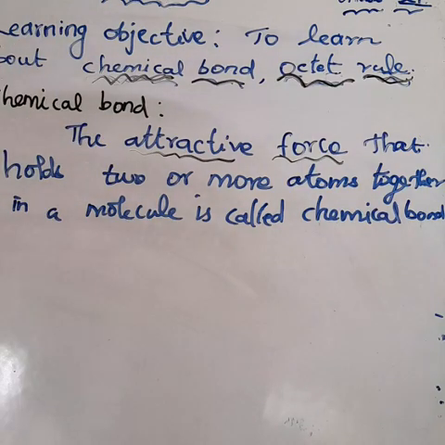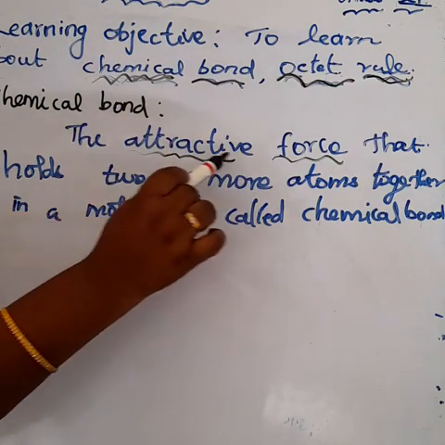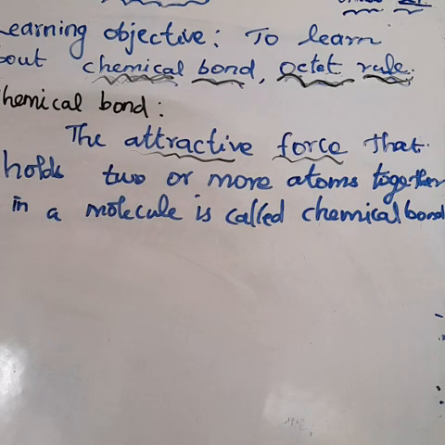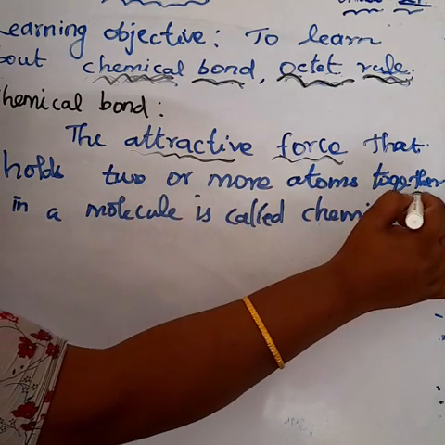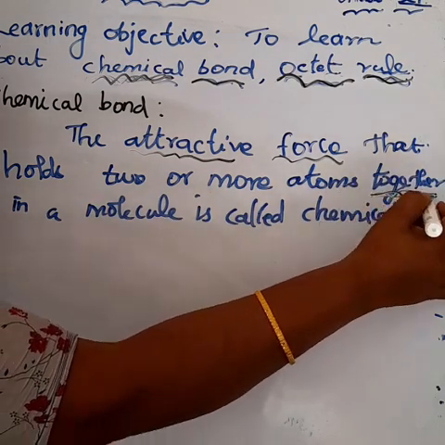The force of attraction between two atoms to form molecules. So, what do you mean by chemical bond? The attractive force that holds two or more atoms together in a molecule is called chemical bond.